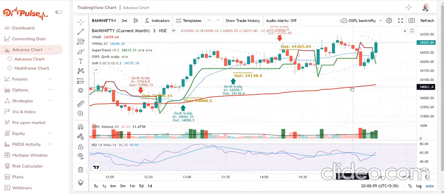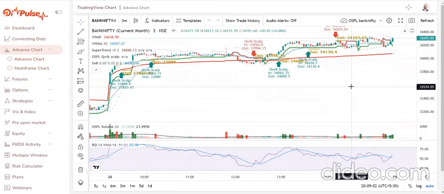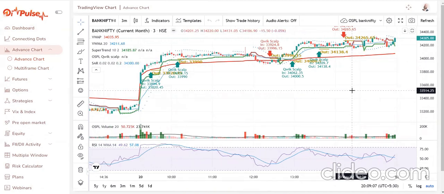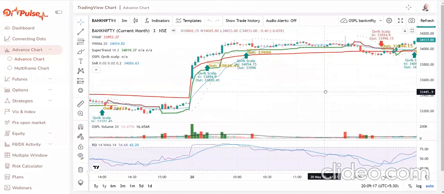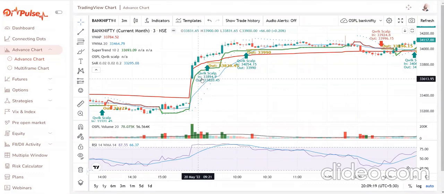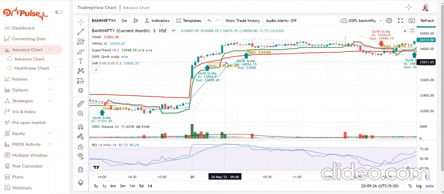It reads the OI data, the OI signals, open interest, change in open interest, even the difference between call and put writing. Then it generates signals. Let's say first it generated a quick scalp signal at 9:30. The entry was 33,894, SL was 33,820. It marks it with this orange line, and you can ride it as per your risk-reward ratio. Generally 1:2 is fine with this.